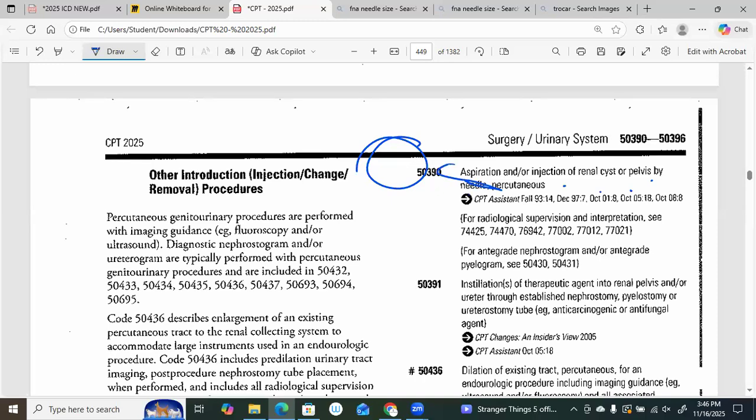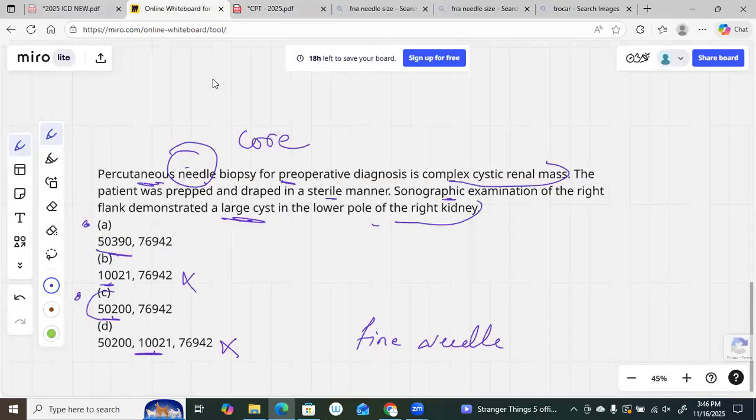But in our case, it's not an aspiration, it's a biopsy of the renal specimen. What should be the answer? The answer should be C. Our code should be 50200. We are not going to use the other code because that is for aspiration. Any doubts? Any questions here?